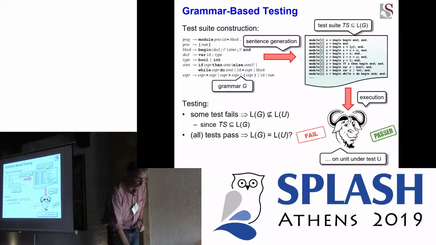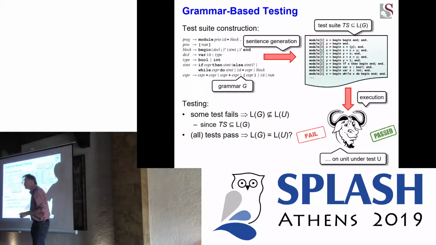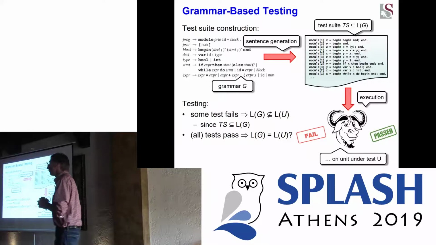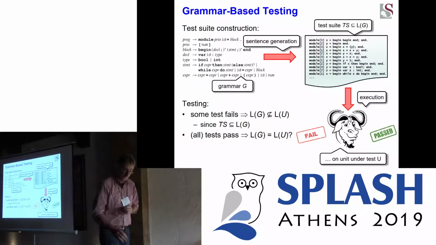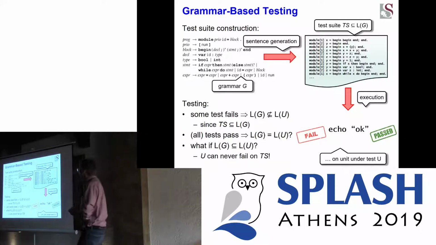But what we want is, when everything parses, we want to claim that the unit under test is correct, that the languages are equal. Of course, that's not the case, right? For instance, we can replace our compiler by something that just says echo OK, right?